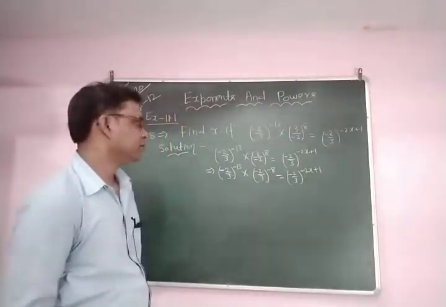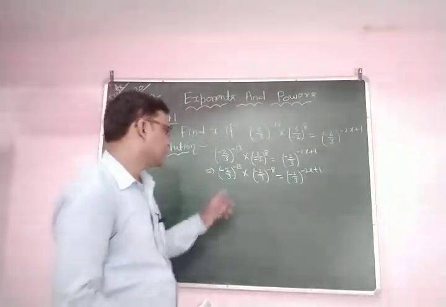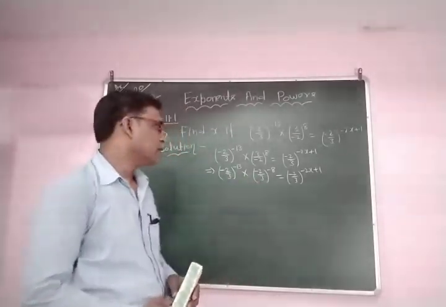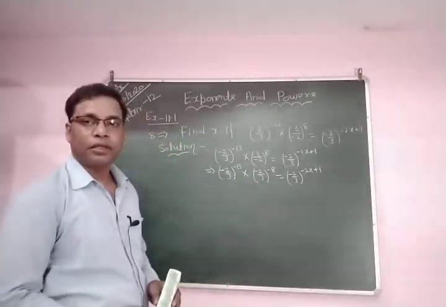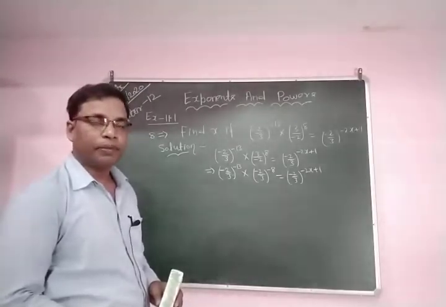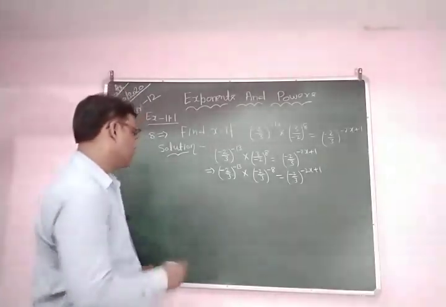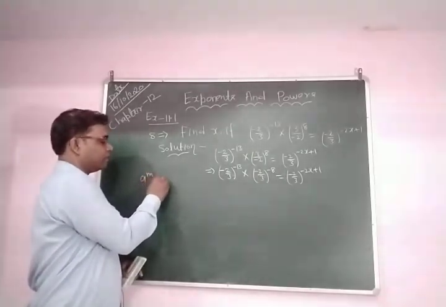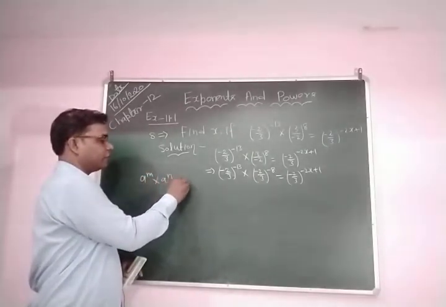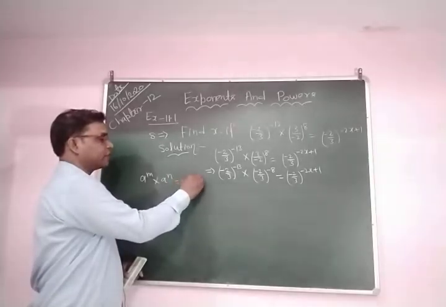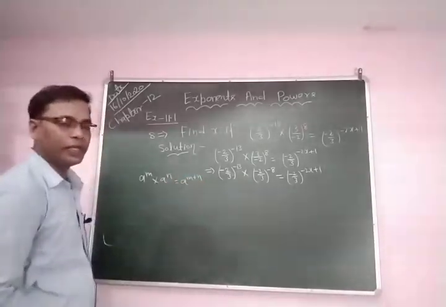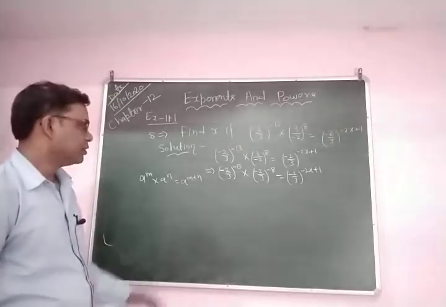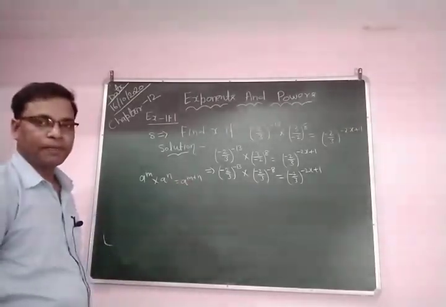Clear? Now here you can see this is the case of multiplication and the bases are the same, then their powers are added. So you know we have a power m into a power n, this is equal to a power m plus n.